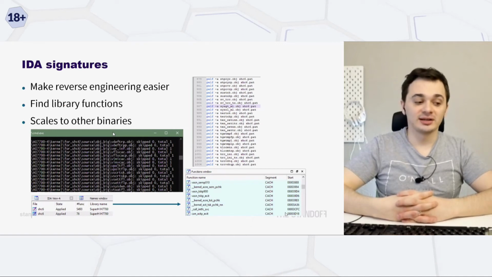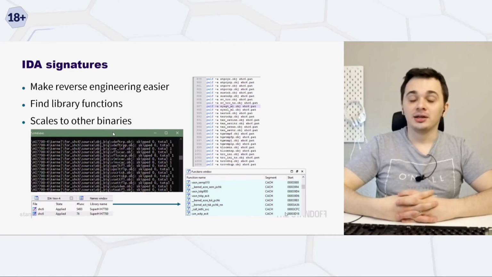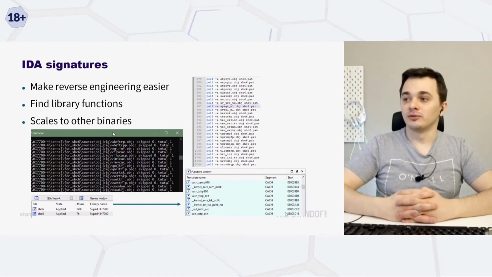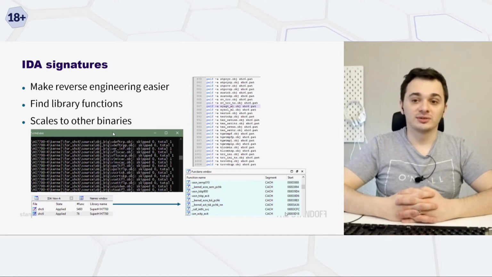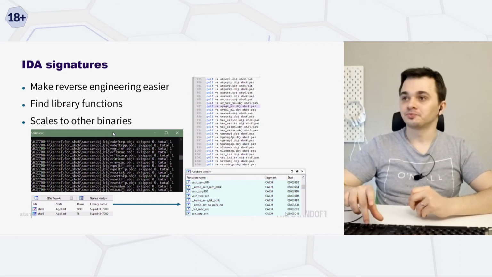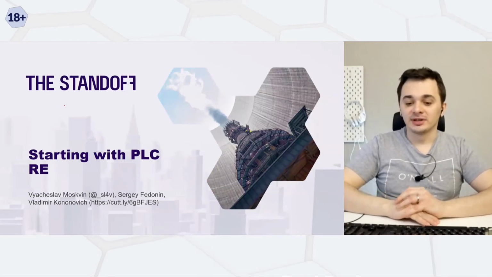You do it once, and next time you see a different version of the same firmware, or a firmware which uses similar runtime or similar libraries or a similar operating system, you will be able to reuse these library functions, thereby making your analysis much faster.